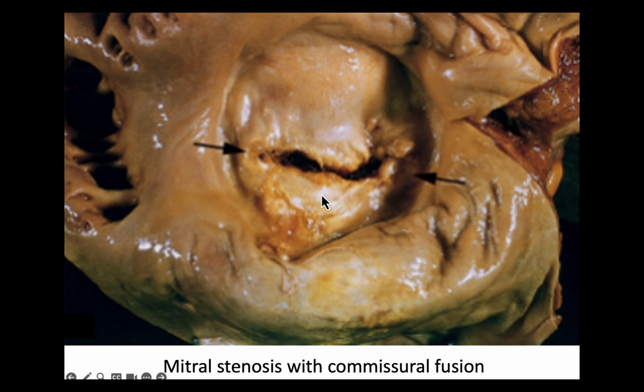This is showing you mitral valve stenosis. This is the opening here of the mitral valve, and this is not appropriate. That valve should have a much larger opening and be able to flap open as blood goes through it.